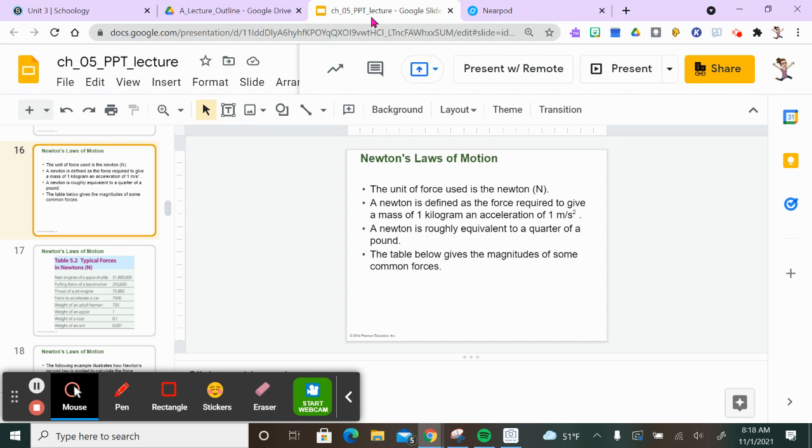So they are not acting on the same object. They are action-reaction pairs. The tires are acting on the road, and the road is acting on the tires. They're not acting on the same object.